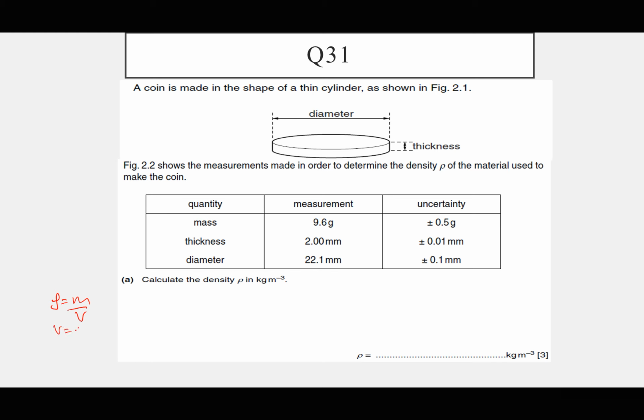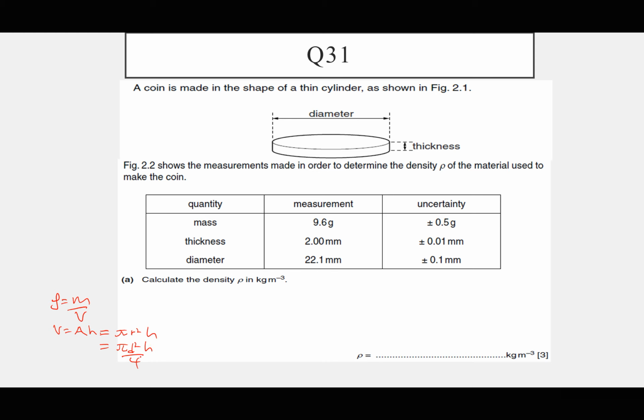You know that volume is cross-sectional area times the thickness, h, where cross-sectional area is pi r squared. But they have given us diameter, so we shall remove r, so it becomes pi d squared h over 4, because r is diameter divided by 2.